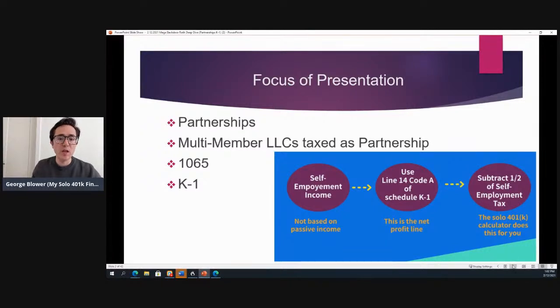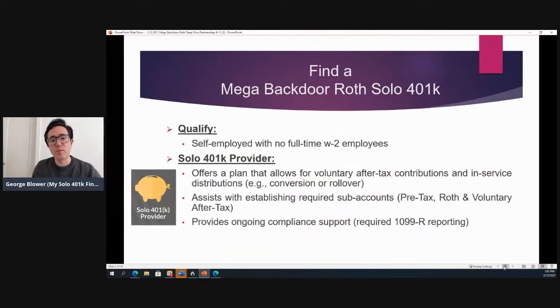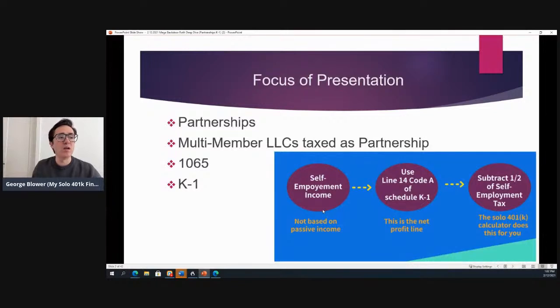So as you can see from this slide, and we'll circle back and dig a little deeper as far as what that means in a second, but you can see that for purposes of determining how much the person can contribute, you're going to start with line 14 of the K-1, and then you subtract 1/2 of the self-employment tax to determine the self-employment income.